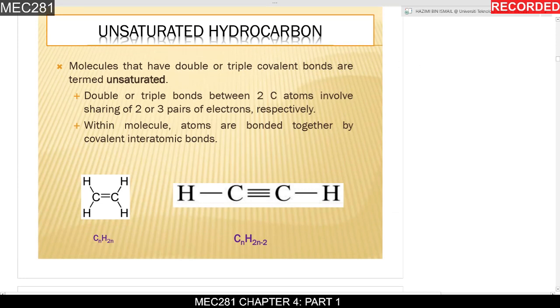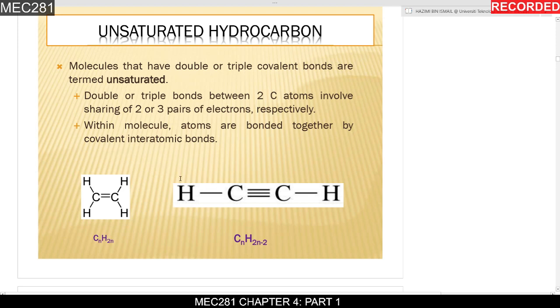Okay, molecules that have double or triple covalent bonds are termed unsaturated. Double or triple bonds between two carbon atoms involve sharing of 2 or 3 pairs of electrons respectively. Within molecules, atoms are bonded together by covalent interatomic bonds.